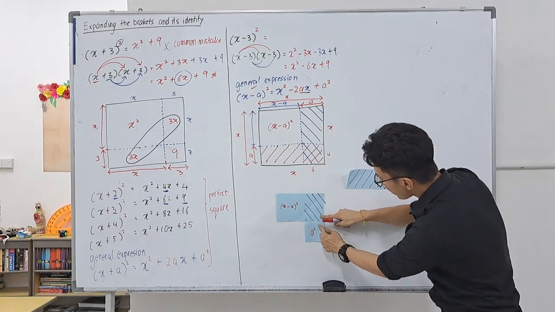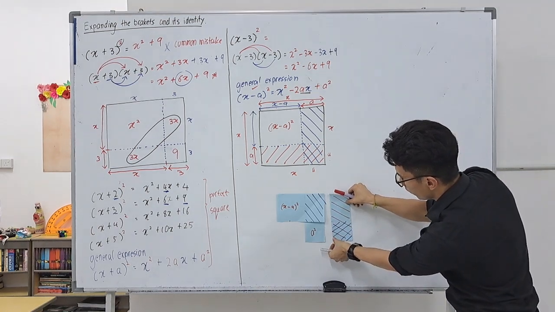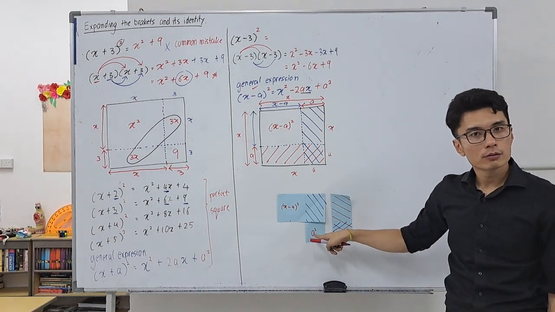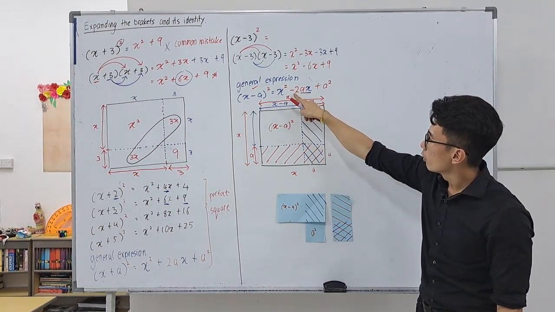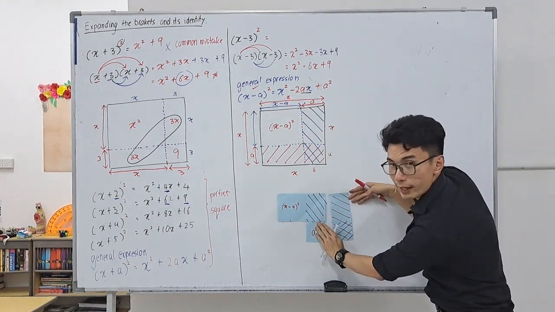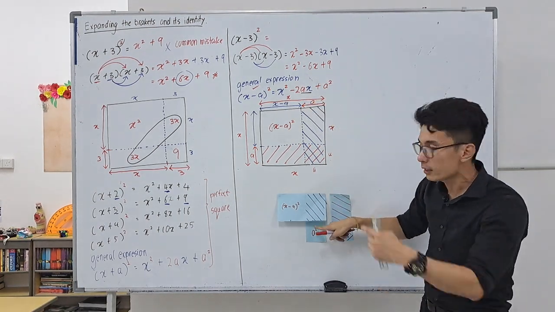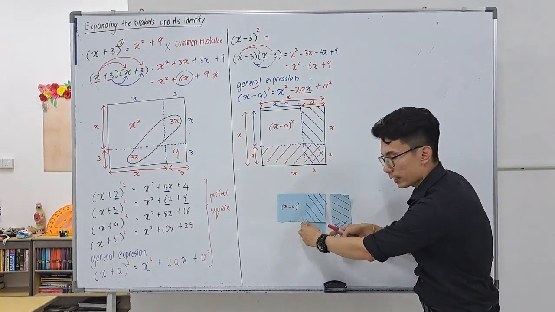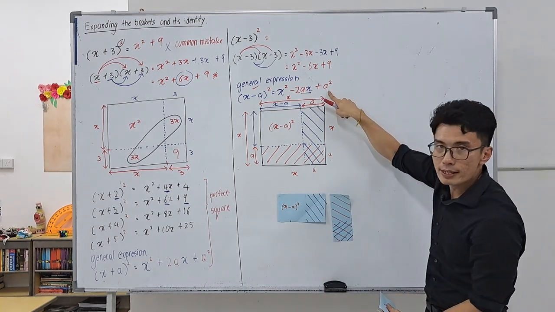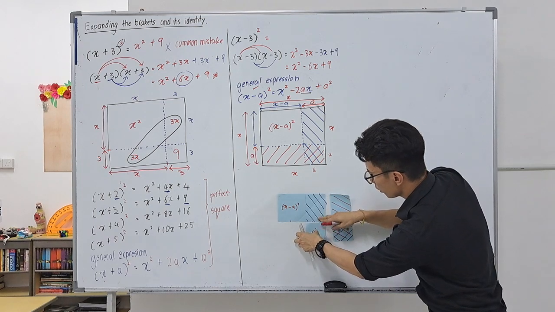Now if I add another a squared over here, do I have another ax now? So I can remove one ax, two ax, right? But in order to make the second rectangle here, the second ax, I have to add a small square over here.